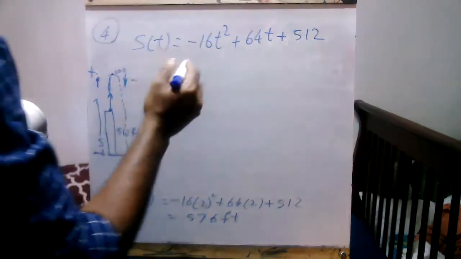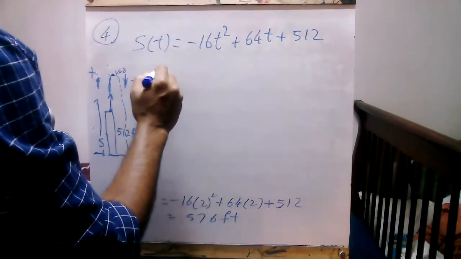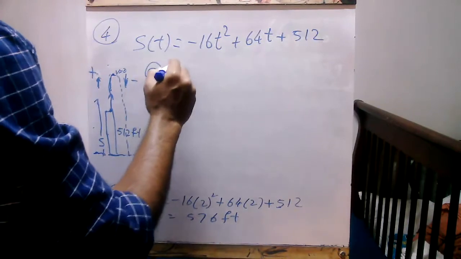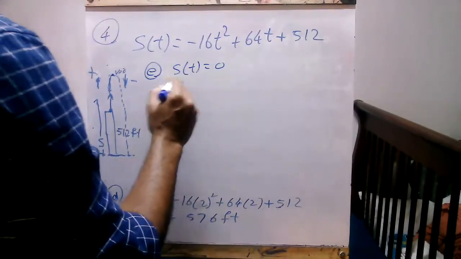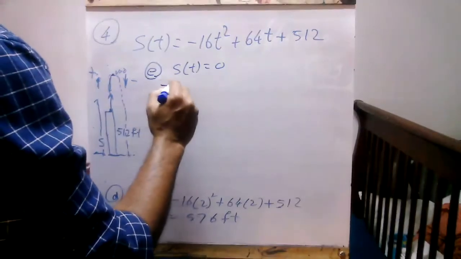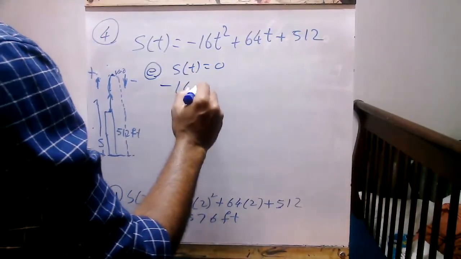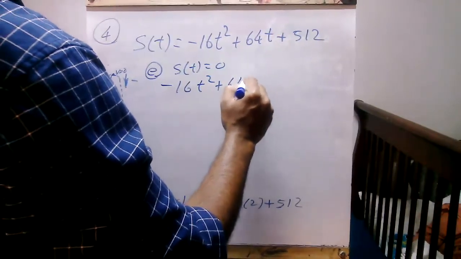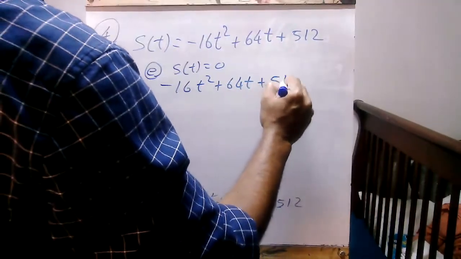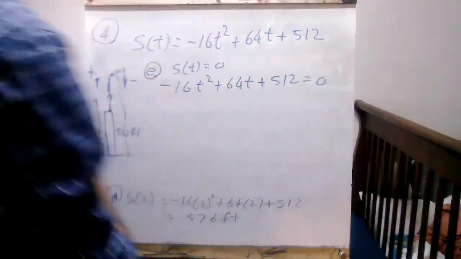When the height is 0, part E, S(t) should equal 0, which means negative 16t squared plus 64t plus 512 equals 0.